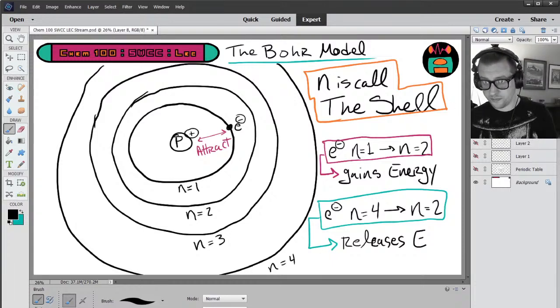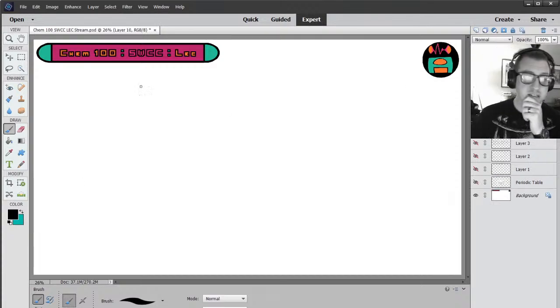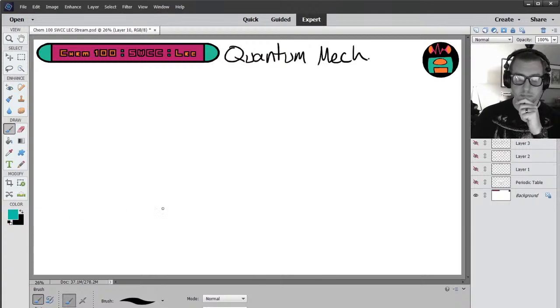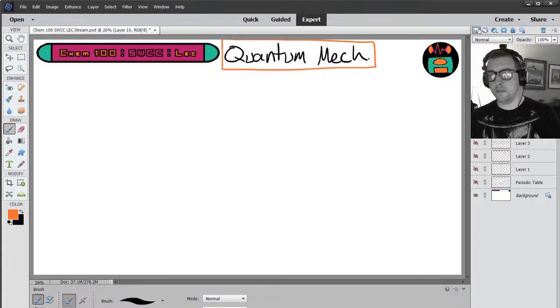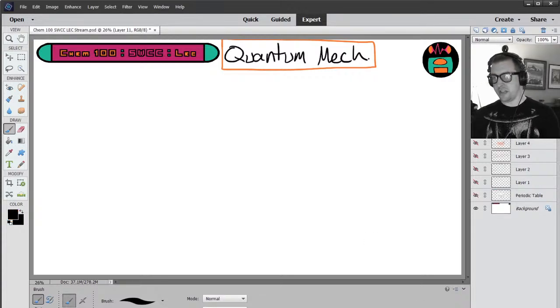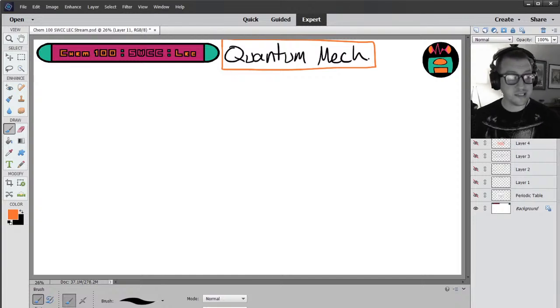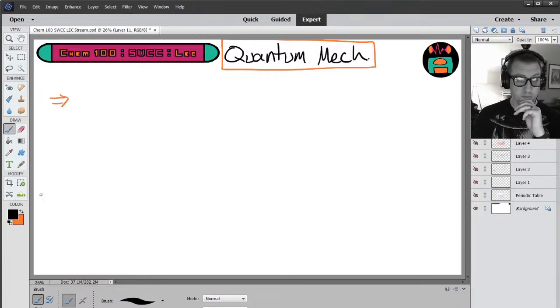So the Bohr model ends up being replaced by the quantum mechanical model of the atom. In the quantum mechanical model, there's more than two key features that differentiate it from the Bohr model, but the two key features that we are going to focus on in this class, two things to set it apart.